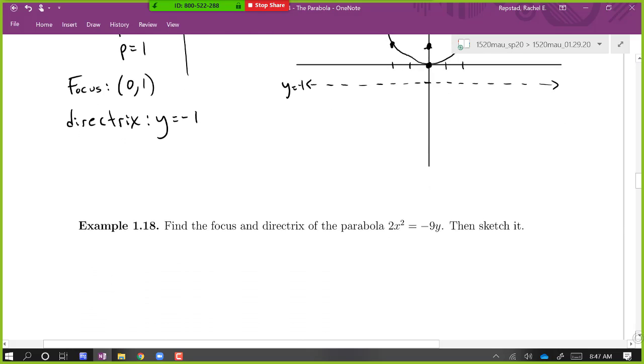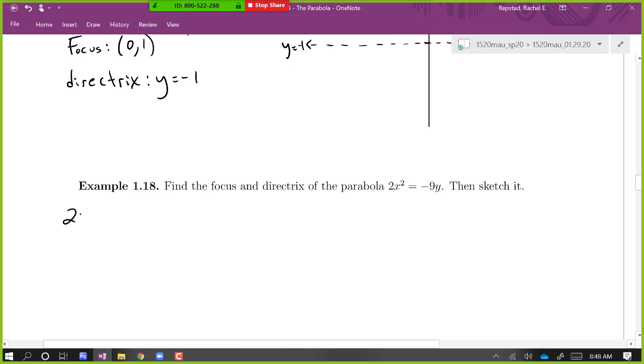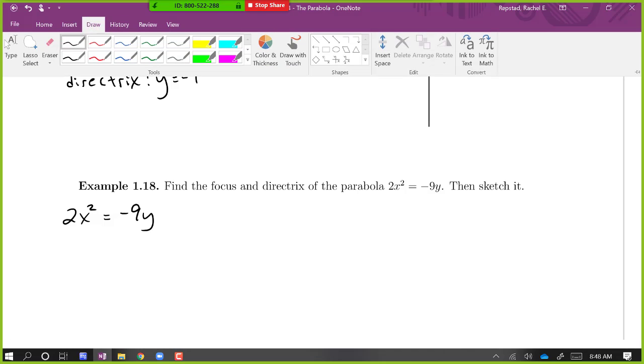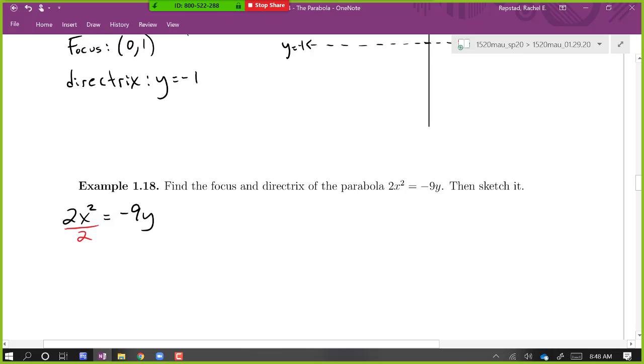The next equation they gave us is 2x squared equals negative 9y. So this one's not quite in standard form yet. Standard form is supposed to be just x squared by itself, like 1x squared equals. So the first thing we'll do is just divide by 2.